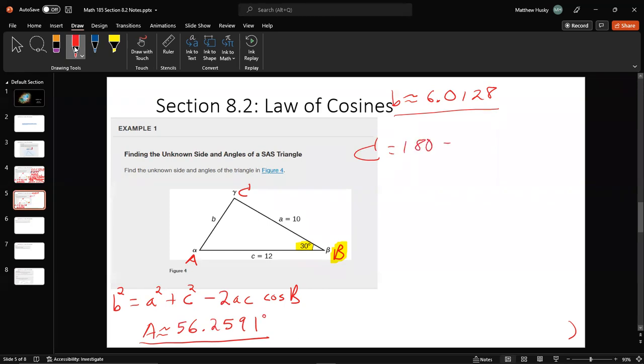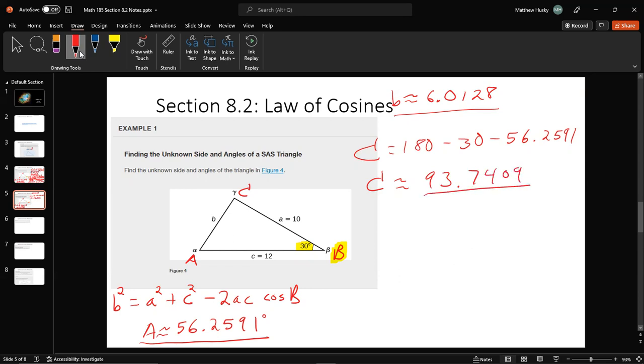So if we do 180 minus 30 minus this angle we just found, 56.2591, and if we subtract all of that, that will then give us angle C. So 180 minus 30 minus the answer we just got, that will give me 93.7409.